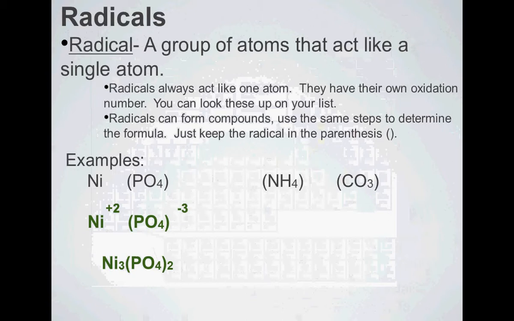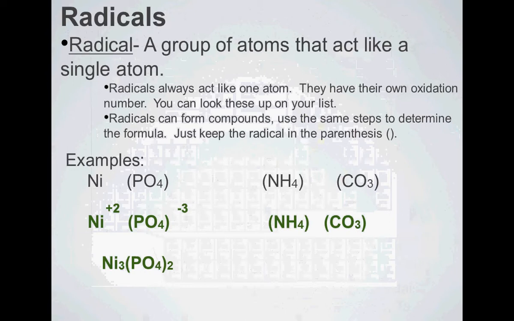Here I have 2 radicals combining. What's this one called? Ammonium. What is this one called? Jake? Carbonate? Yep. Okay, so we have ammonium and we have carbonate.